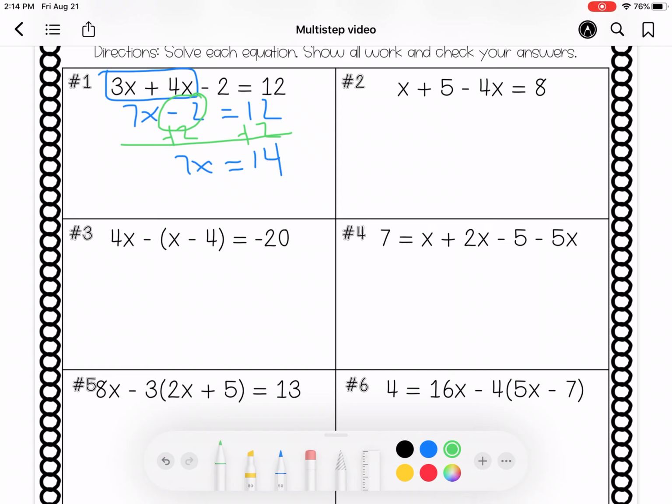And again, we learned in our 2-step and 1-step notes that now we take care of our coefficient. Our coefficient is 7, and it is being multiplied to x, so we know the inverse of multiplication is division. So 7 divided by 7 is 1, and 14 divided by 7 is 2. And that will be our final answer. X is equal to 2.